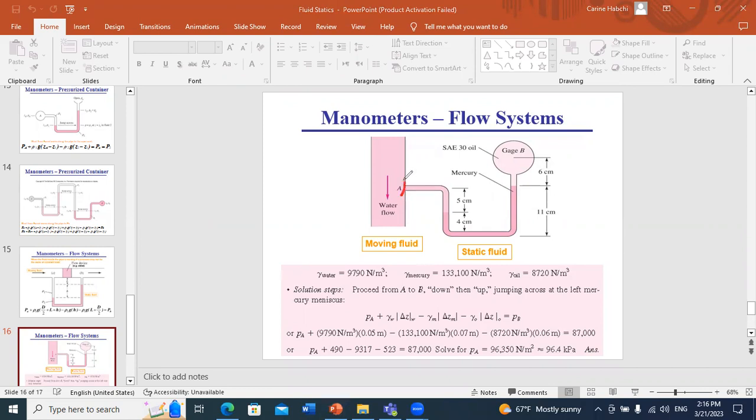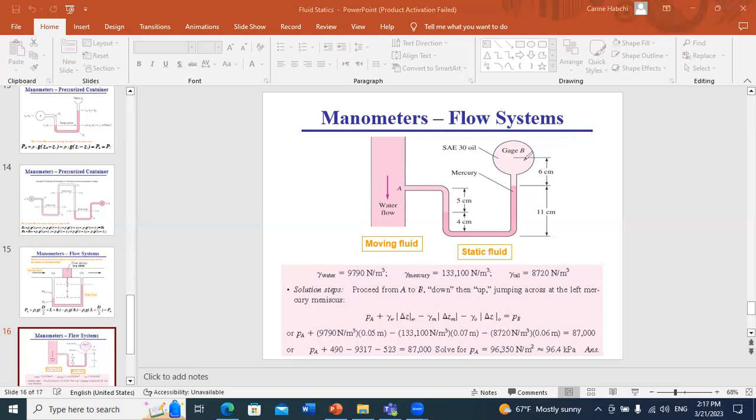So my interest is to measure PA. This is why in general we know the pressure PB. It will be given for us, and we want to determine the corresponding value of pressure at A. So we need to write a relation between pressure at A and pressure at B.